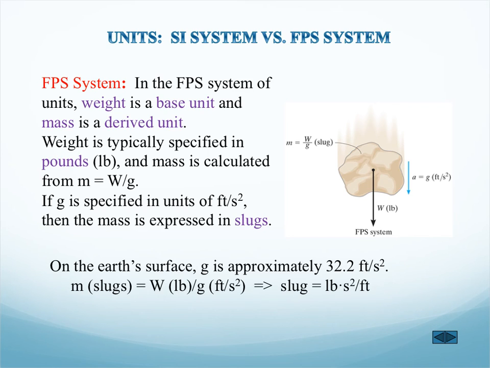We'd have to divide by the acceleration of gravity to find its mass, where the acceleration of gravity in our system is 32.2 feet per second squared. What might surprise you is that the units of mass in our foot-pounds-seconds system are slugs. I don't know when I've ever seen something given in terms of slugs. It's always given in pounds. So that's kind of interesting, the difference between those two systems.